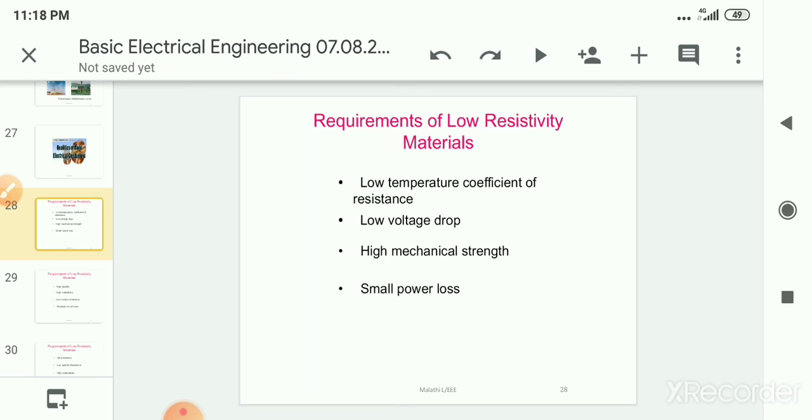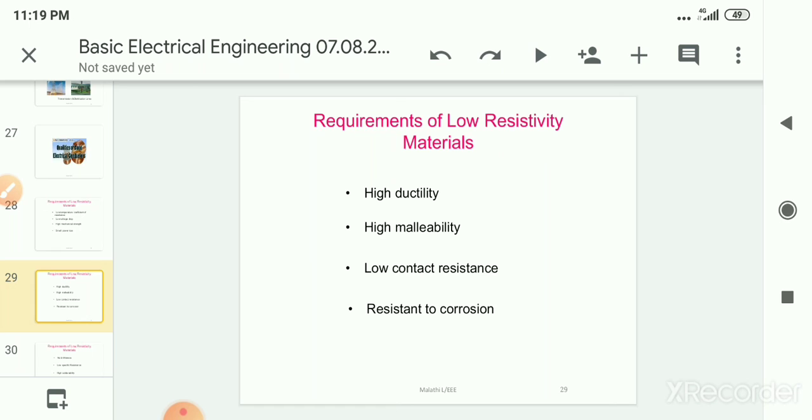Here the low resistive material should have a low temperature coefficient of resistance. It must have very little voltage drop, give high mechanical strength, and have very small power losses.